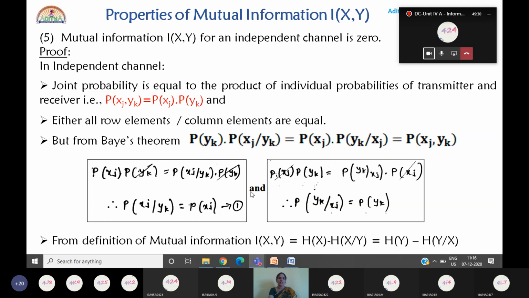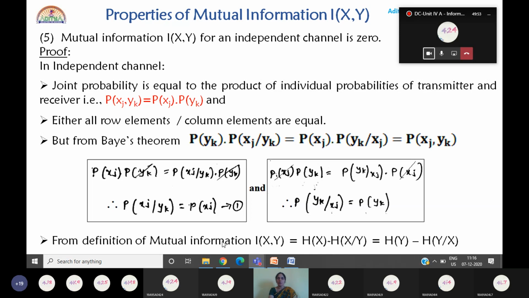Here P of xj gets cancelled and P of yk gets cancelled. So for an independent channel, we obtained P of xj by yk as P of xj and P of yk by xj as P of yk. This is only for the independent channel.